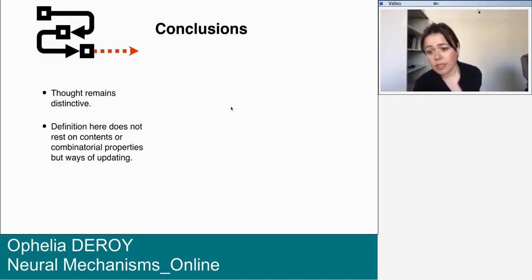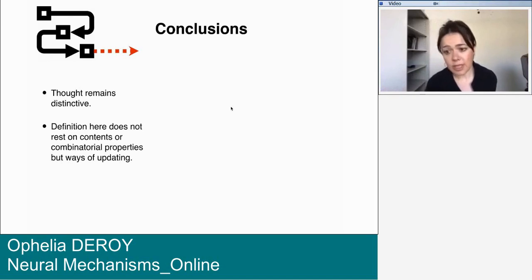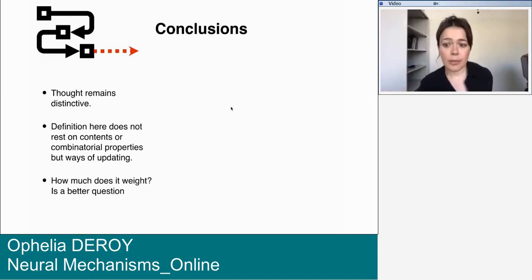I think it's a benefit that we can look at the problem with a more mechanistic processing view, looking at ways in which thought is distinctively updated that characterize this level. And we can also still question whether thought has an influence on perception, but this time making it a question of degree and not a categorical yes or no.